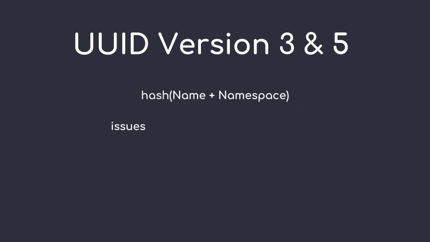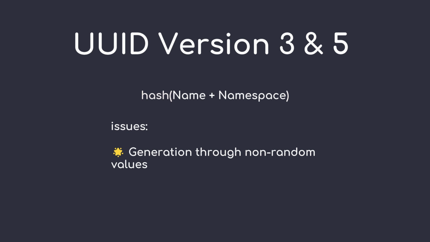The issue with UUID version 3 and 5 is that you're supplying hard-coded values of name and namespace, and they will always produce the same hash. So if you can predict the name and the namespace, you can generate the same UUID. This means that version 3 and version 5 output a UUID that lacks randomness, so it's not a good choice to be used as a secret.